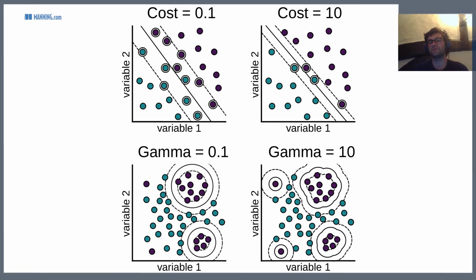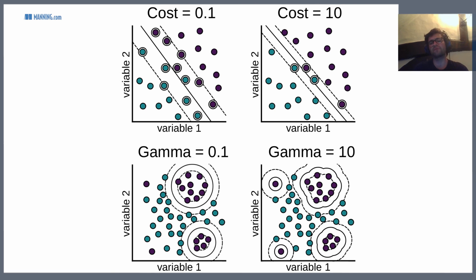And what this means is that when you try to use your model to classify future data, your model has overfit to the noise in your training set. The other end of this balance is that if you set your cost too low, then your model doesn't really care that much if there are lots of cases inside the margin, and it becomes insensitive to the real patterns that maybe exist in the data near the boundaries of the two classes. And so there's a trade-off here between overfitting and underfitting.